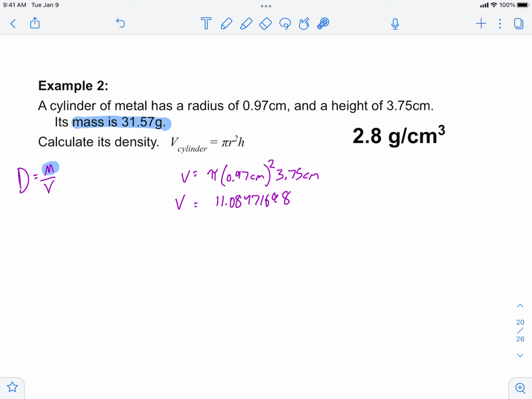You just round once at the end. So in my calculator, I type in 31.57, divide, and then answer, which is second negative sign. And that will give me an answer, and that's the one that I will round. So the density will be 31.57 grams divided by the whole thing.